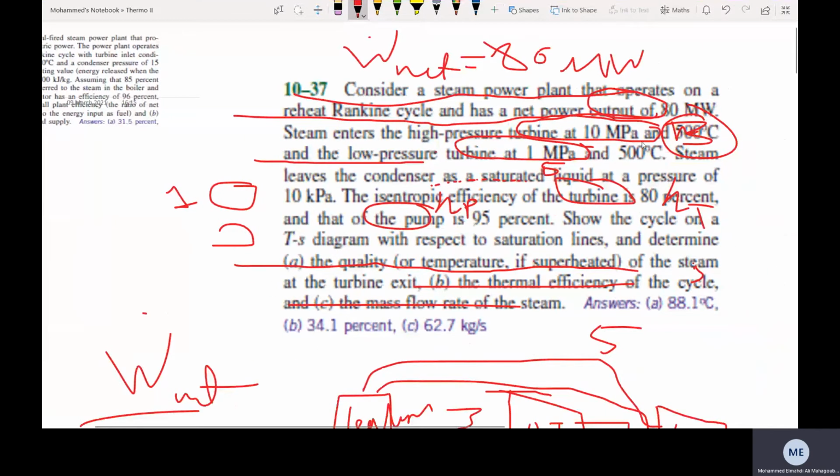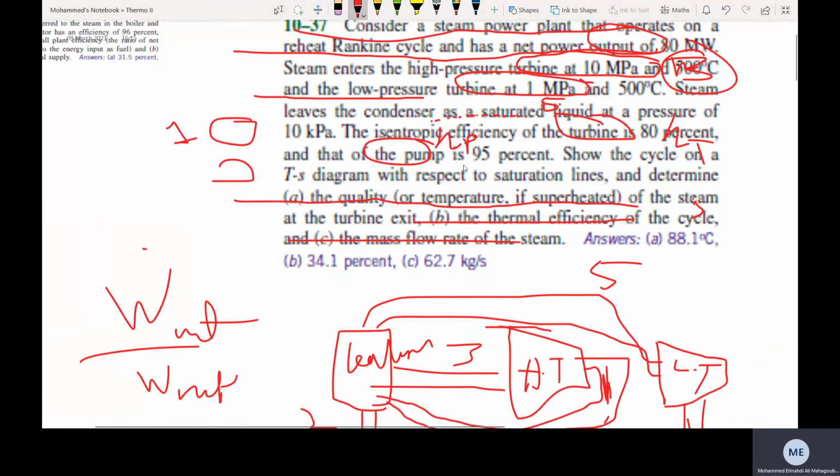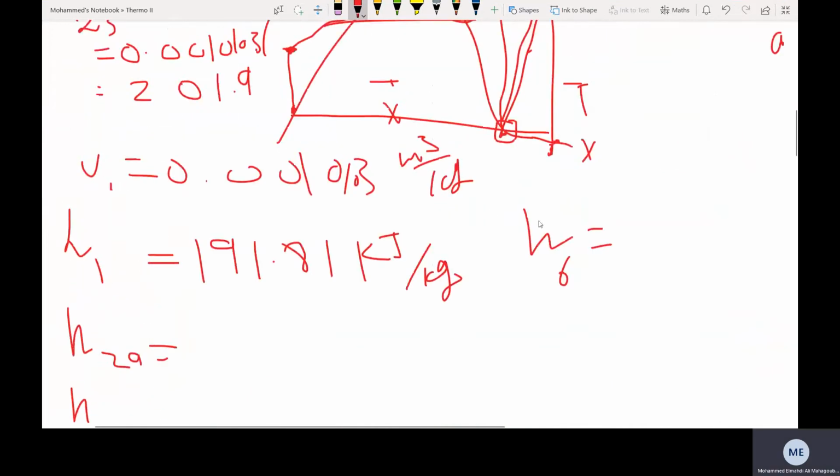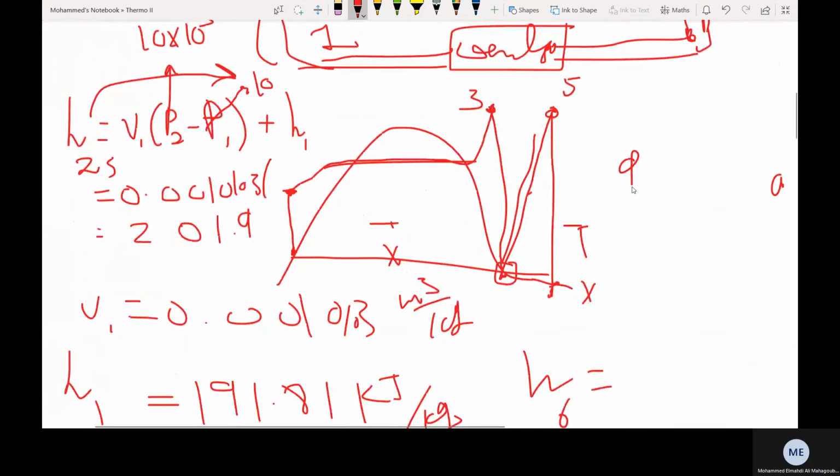Now I go to the efficiency of the pump, which is 95%. This 95% is equal to H2 isentropic minus H1 over H2 actual minus H1. So what is this number? Just put an equation in the calculator where you set 95% equal to this value.